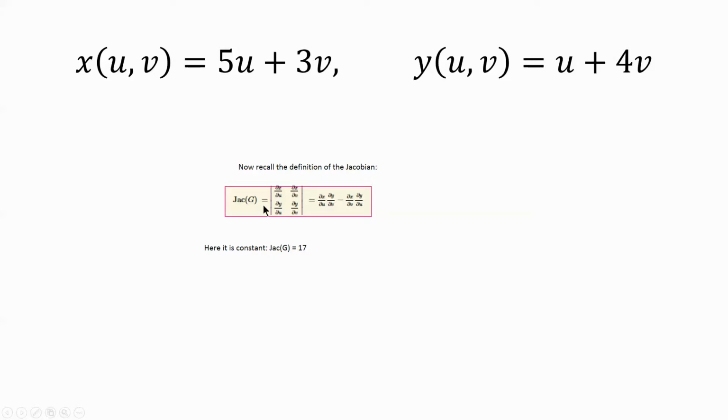Remember, the Jacobian is the determinant of the matrix dx/du, dx/dv, dy/du, dy/dv. When you calculate that here, it's just the constant 17, and we don't even need to take the absolute value because that's already positive. In this particular example, that Jacobian is a constant function, but in general it might not be.